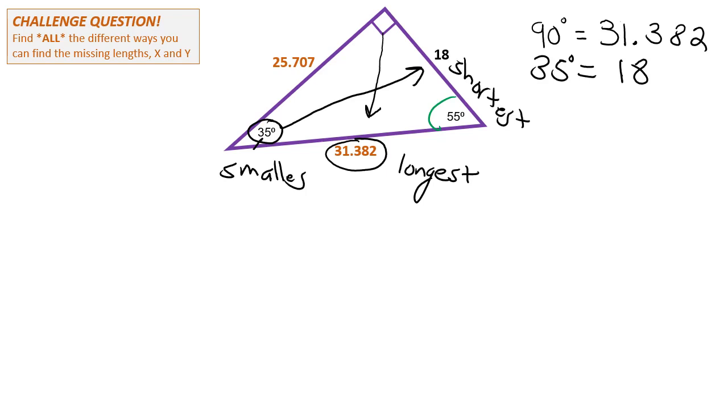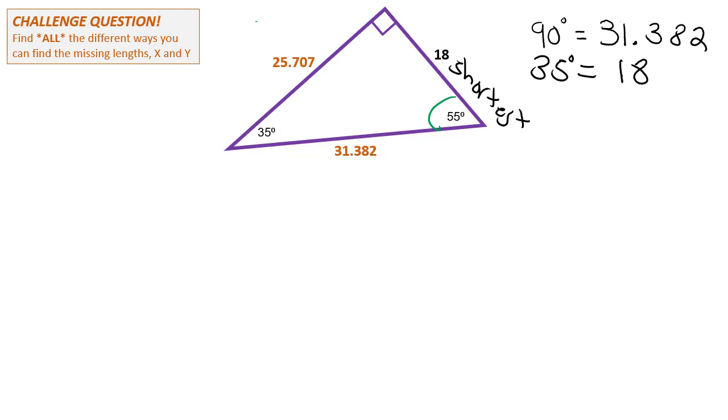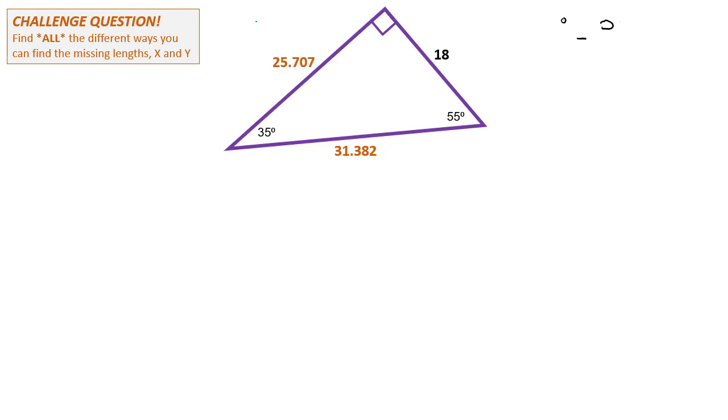And as you can guess, that 55 is in the middle, and that 25.707 is the medium length as well. So I just want you guys to notice that first. And then the second thing that I want to do here, and then this will be done, is I want to show you that the Pythagorean theorem works.